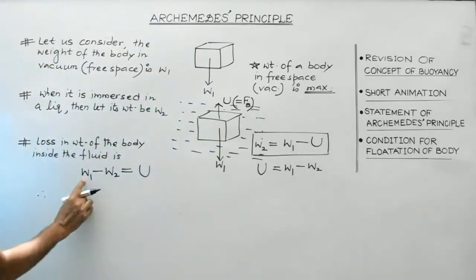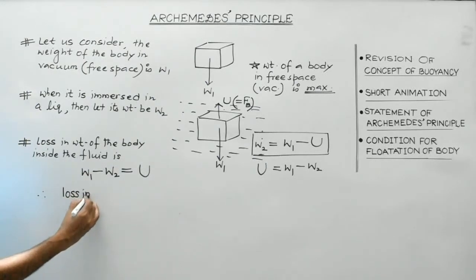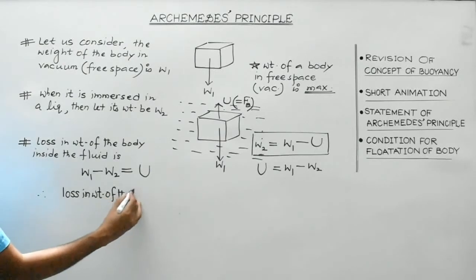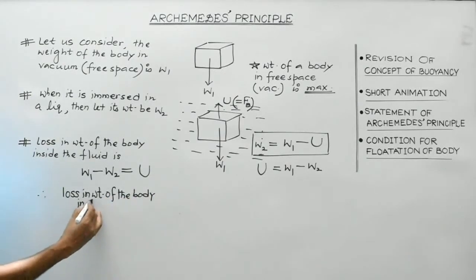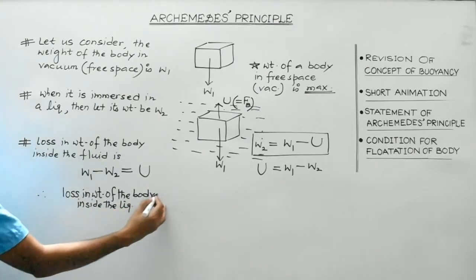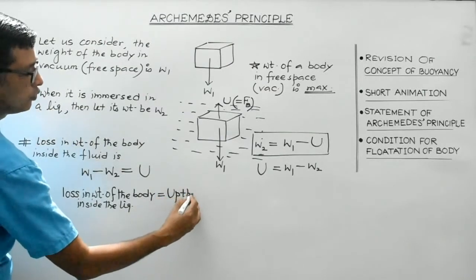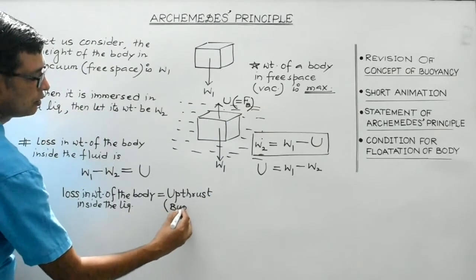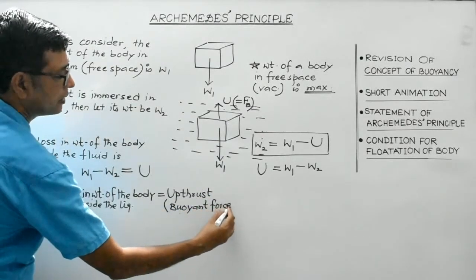W1 minus W2 is loss in weight of the body inside the liquid or fluid. It is equal to upthrust, which is also known as buoyant force.